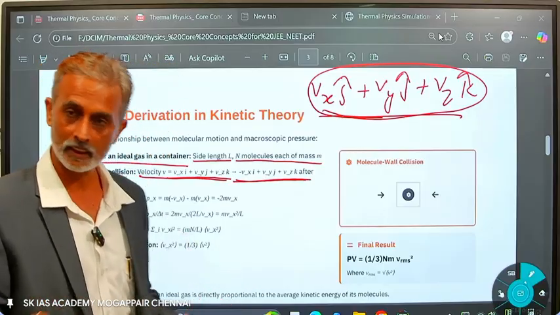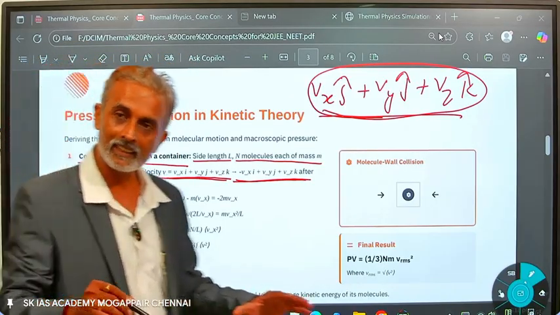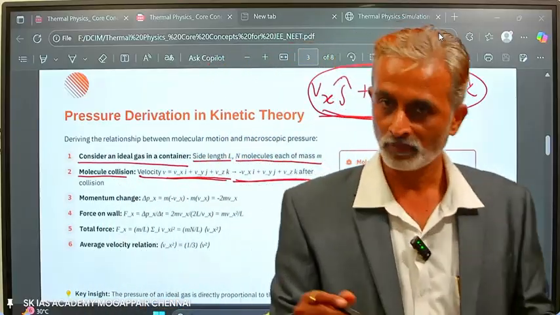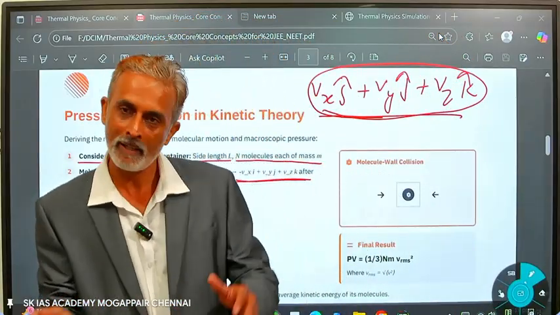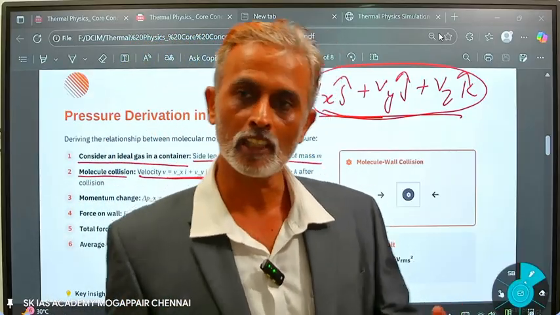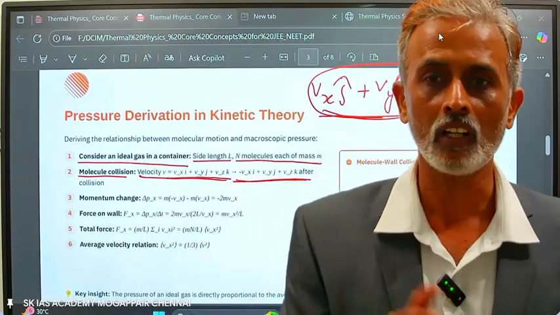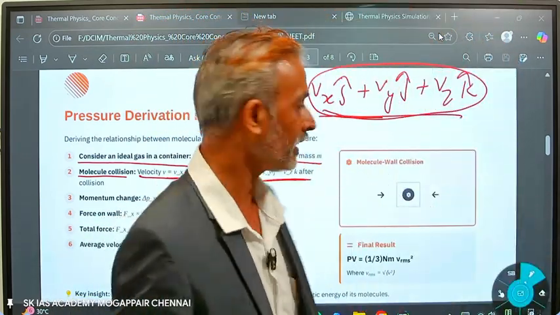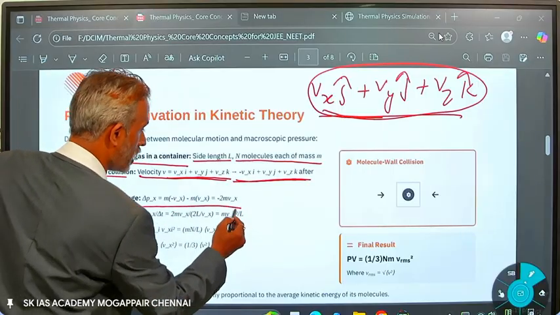So next, when kinetic theory happens, velocity changes, which means momentum also changes. What is the change of momentum? Change of momentum is nothing but final momentum minus initial momentum. How much are you getting?